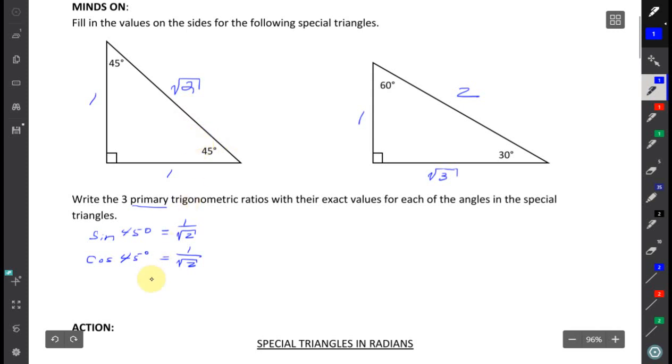And the tan of 45, which is the opposite over the adjacent, is equal to 1 over 1. So we get 1 over 1, or just 1. And keep in mind this acronym, SOHCAHTOA.